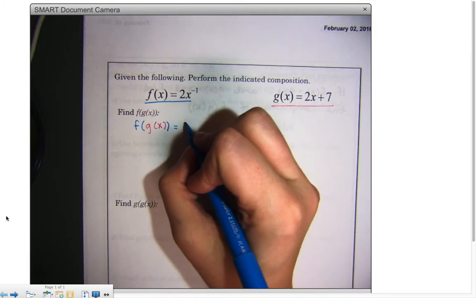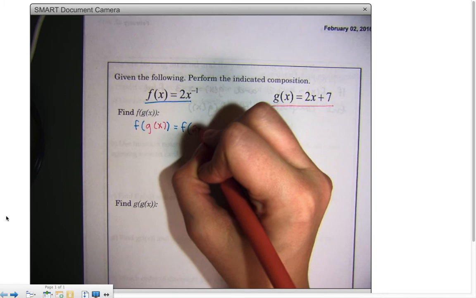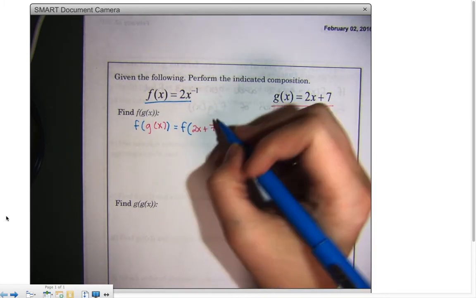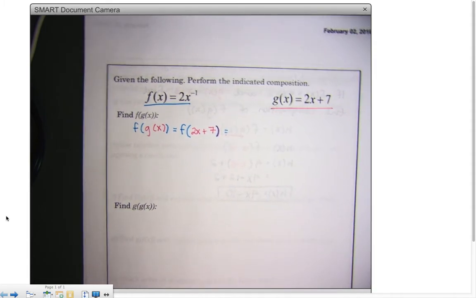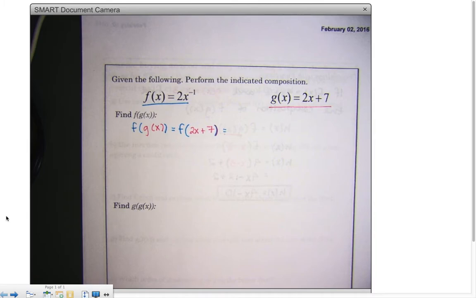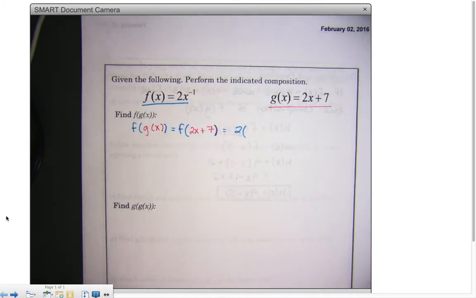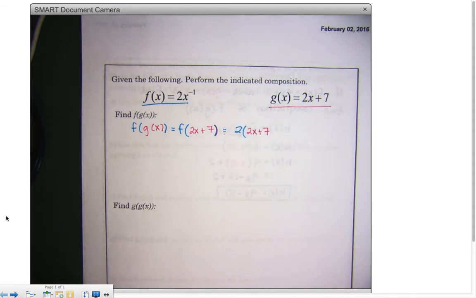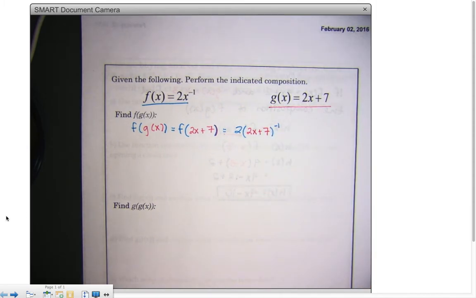So we could rewrite this as f of 2x plus 7. So that means everywhere in f, I'm going to replace x with 2x plus 7. So I've got 2, there's an x. I'm replacing that with 2x plus 7 to the negative first power.